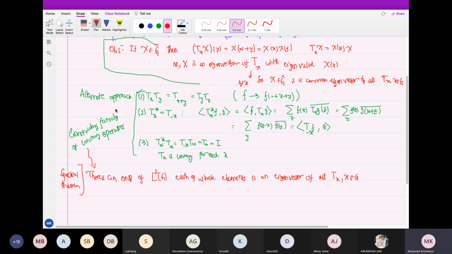So they can be simultaneously diagonalized. That is the phrase we use. When you have a commuting family of normal operators, they can be simultaneously diagonalized, which means that there is a common basis of eigenvectors, and that will be an orthonormal basis. That's what we get. So now the point is, let tau be such an eigenvector.